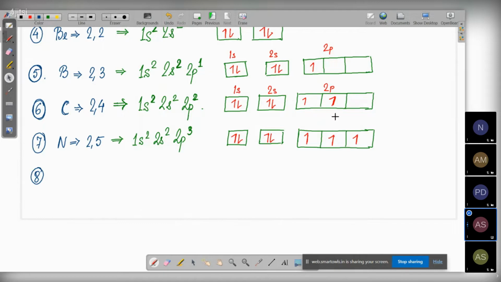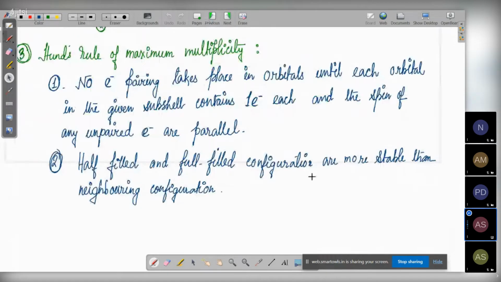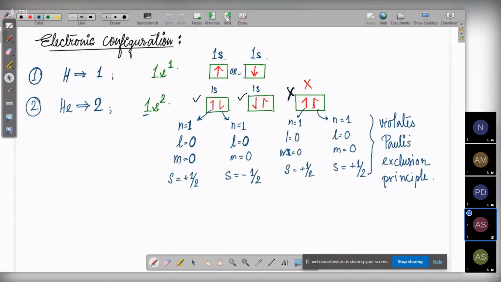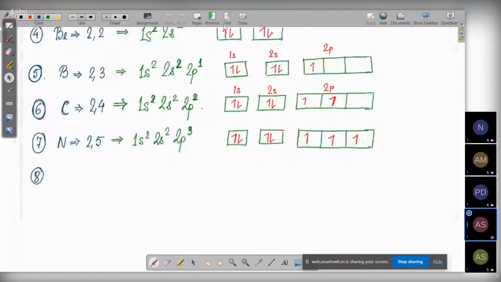Hund's rule says that half filled configurations are more stable than the others. That is why, as you have seen in lower classes, nitrogen does not undergo much reaction: because it has a half filled configuration, it has higher stability.